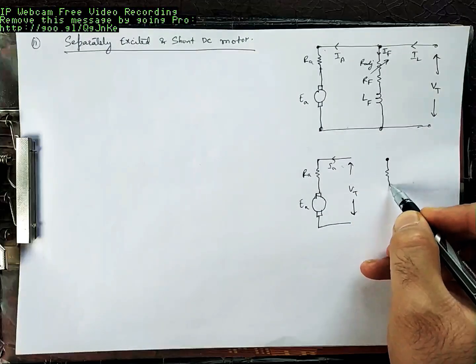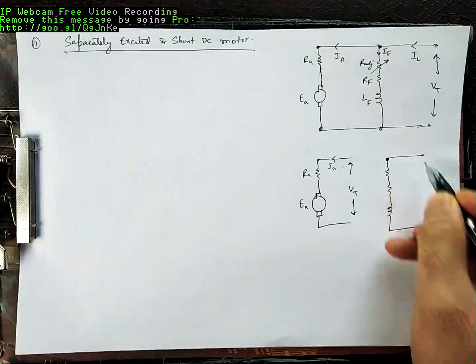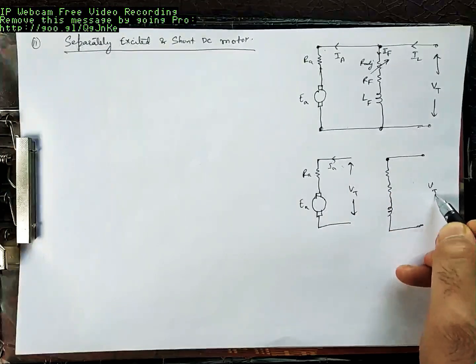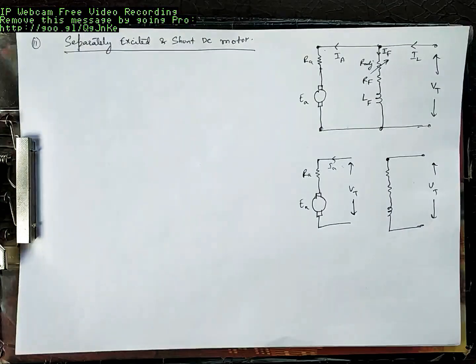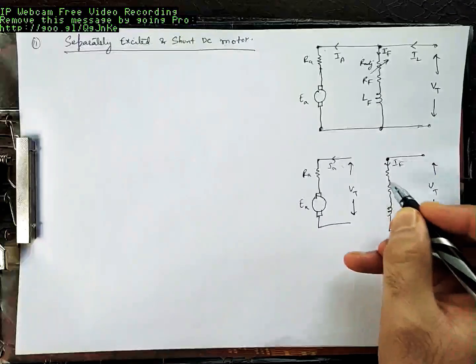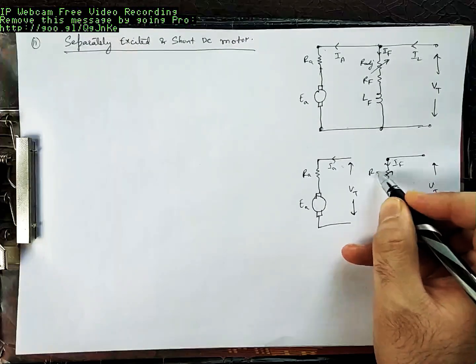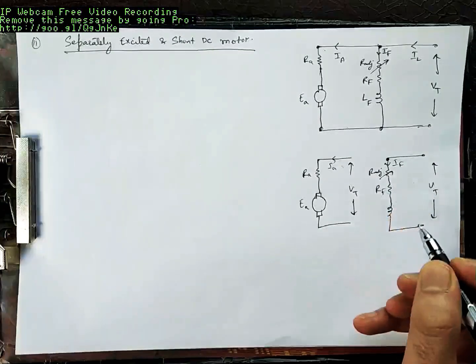R adjustable, RF, LF. This is VT. What's current here? IF. R adjustable. This is RF. This is LF.